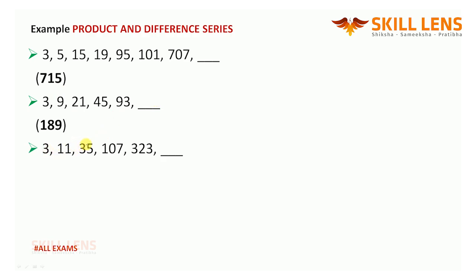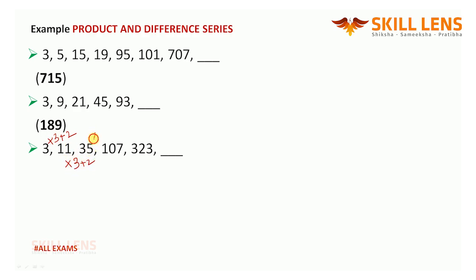3, 11, 35, 107, 323. Guys, look at here. 35 to 107, almost 3 times. 107 to 323, almost 3 times. So 3 times is happening. So let me check with 3. 3 3s are 9. 9 plus 2 is what? 11. 11 3s are 33 plus 2.